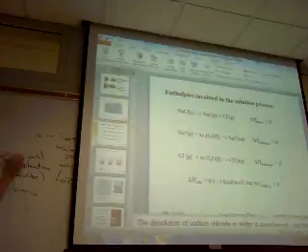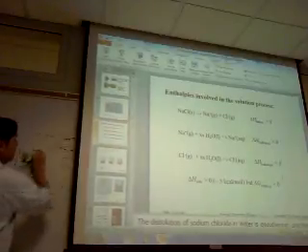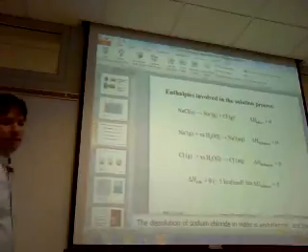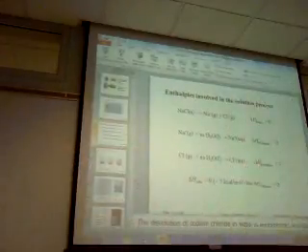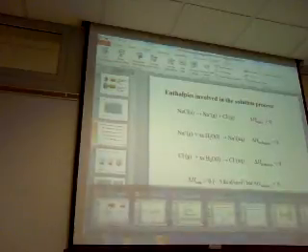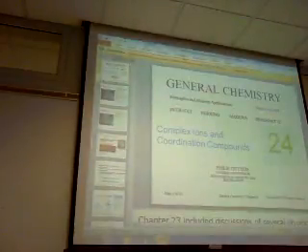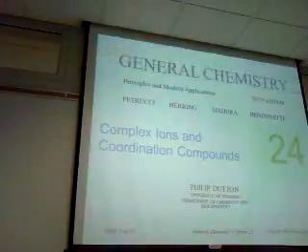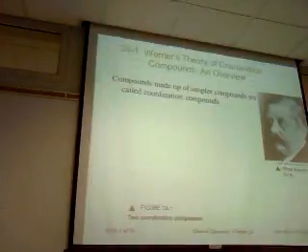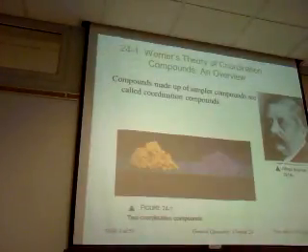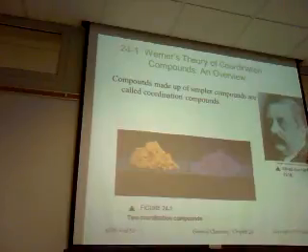And one story is the story of complexes. And so Alfred Werner, this guy won the Nobel Prize for figuring out the structure of these complexes.